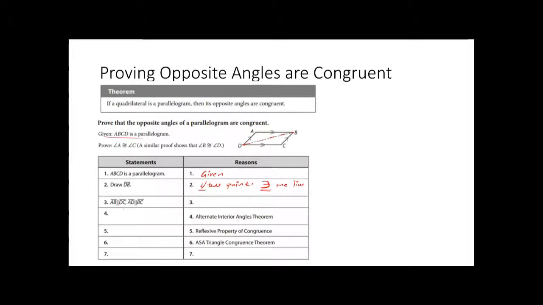Okay, now AB is congruent to DC and AD is congruent to BC. That's again the definition of a parallelogram, which they gave us. How nice of them. And then, as you can see in step 4, they're talking about alternate interior angles. So I'm willing to bet that they're talking about angle ADB. Okay, so here's angle ADB, and it's probably congruent to angle CBD.